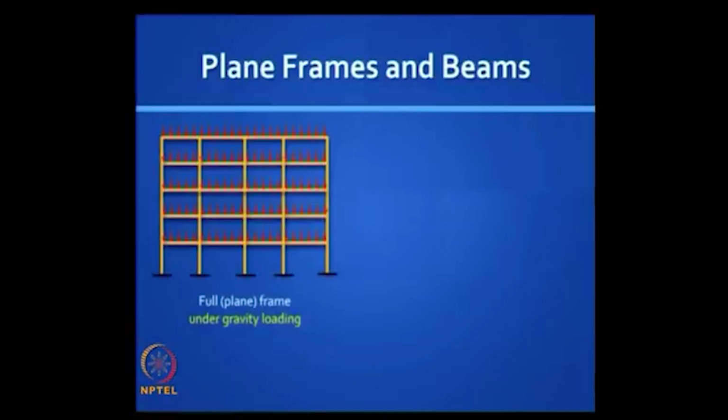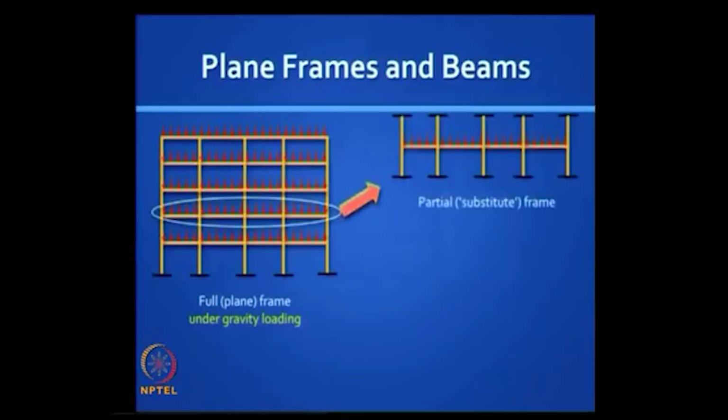So under gravity loads, for example, a plane frame will look like this, and even this is a little difficult to do, and traditionally the concept of substitute frames has been used to simplify the analysis. The argument is the bending moment in any beam will really not be affected by what is happening far away from that end, and we can prove this through a principle called Müller-Breslau's principle.